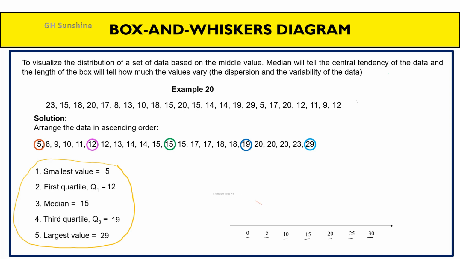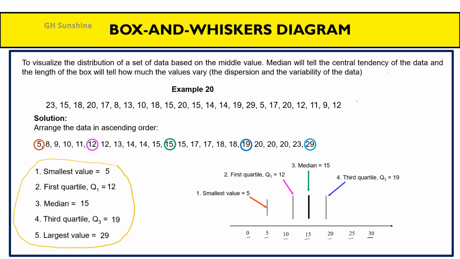Next, the smallest value equals 5. Then the first quartile, second quartile, third quartile, and last one is the largest value. Then draw the box with Q1, Q2, and Q3 like that. And the last step here is to draw the whiskers, left and right side like that. So this one is the box and whiskers plot.